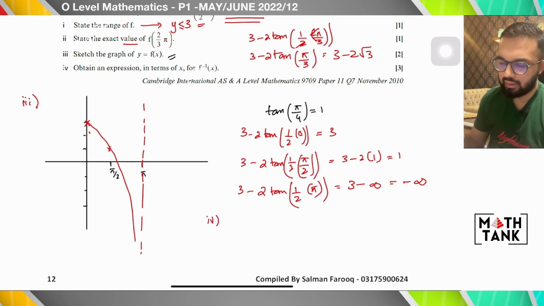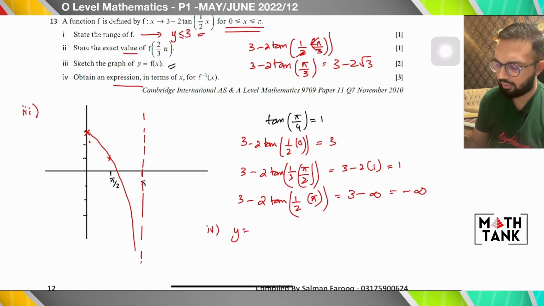And then part 4 says obtain an expression in terms of x for f inverse of x. So f inverse is easy to calculate. y equals 3 minus 2 tan half x. So 2 tan half x equals 3 minus y.